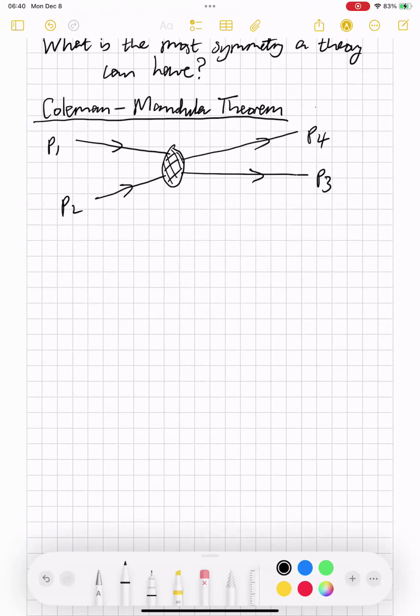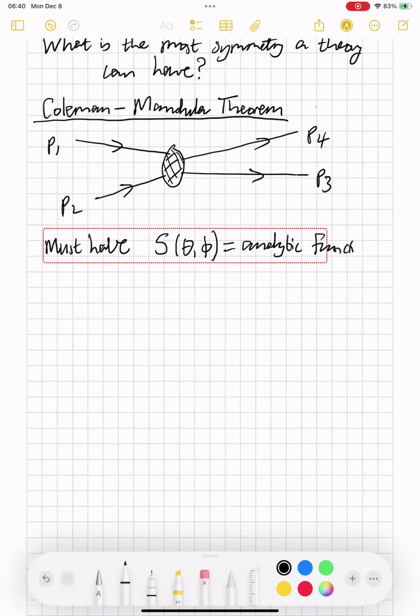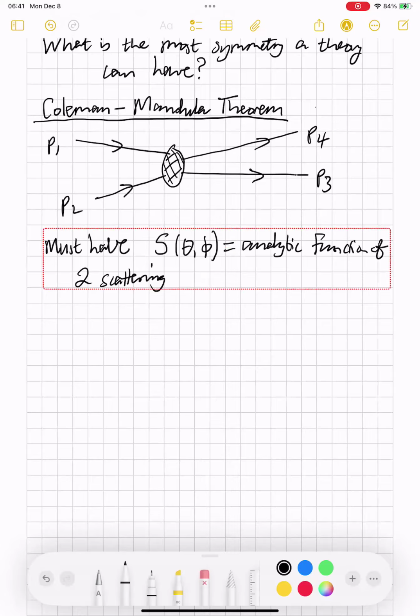And there's a few things that we know, something physical that you must have. So let me put this down here. You must have that the S matrix is an analytic function of two scattering angles.